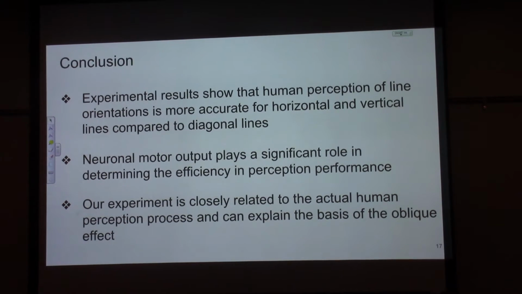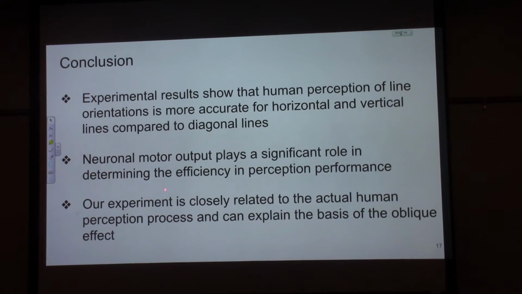Normally, motor learning skill is affected by your perception. Your perception takes in visual information and helps you to learn new motor skills. But we found out that neuronal motor skill also plays a significant role in determining the efficiency. So it's two-way around.